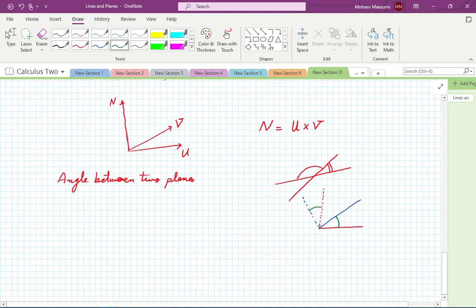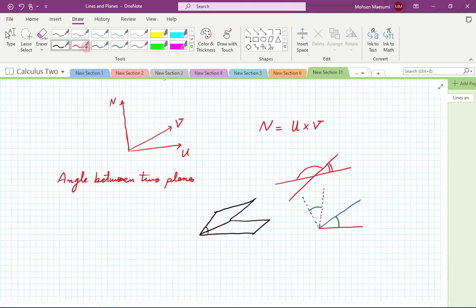Well, the same idea applies to the planes. If you have two planes, like if I have plane number 1 and plane number 2, and I want to find out what's the angle between the two of them, what makes sense to do, let's again go ahead and color it maybe in the same style that we had.